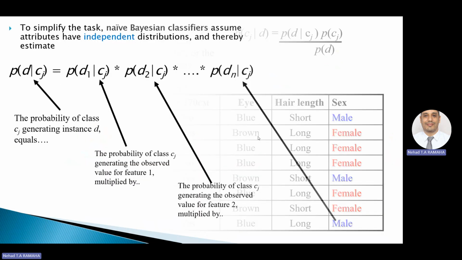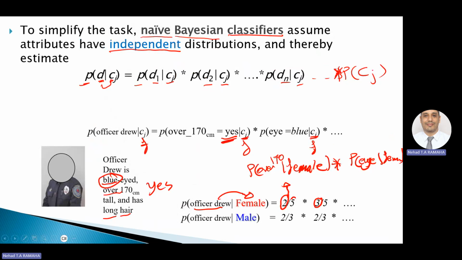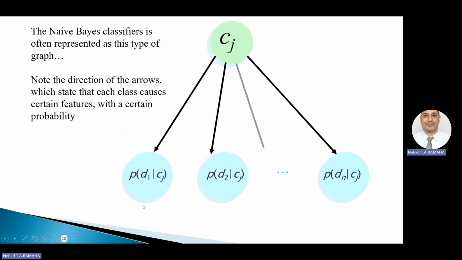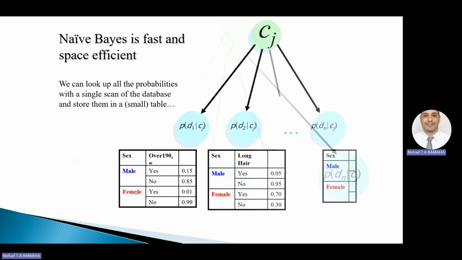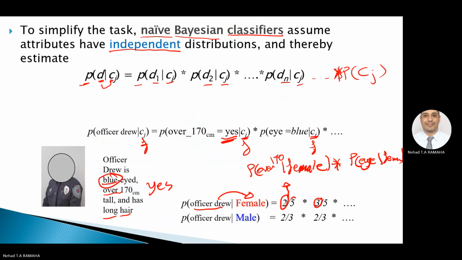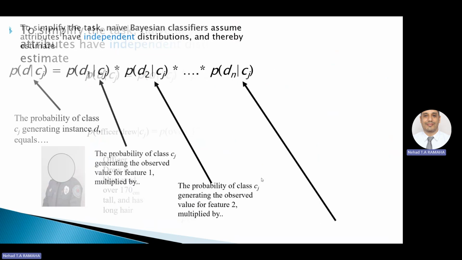The probability with female. Okay, what's given to you? The hair is long. So the probability of long hair with female. Why? Because we speak about classification as female.